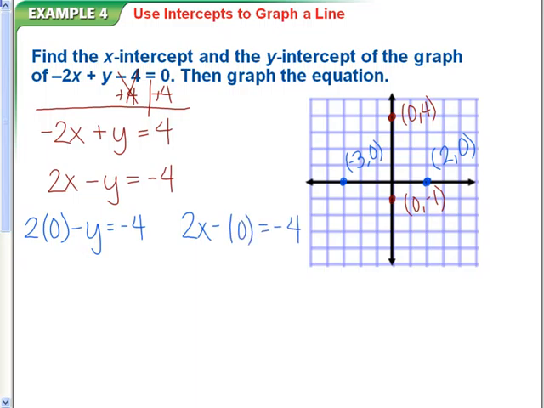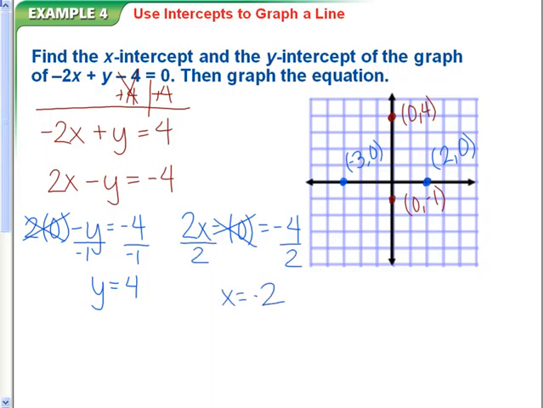That is going to find your x-intercept. So 2 times 0, that's really unnecessary. So -y equals -4, divided by -1. Our y-intercept is 4. Over on this side, the minusing 0 is really not necessary. So we're going to divide both sides by 2.